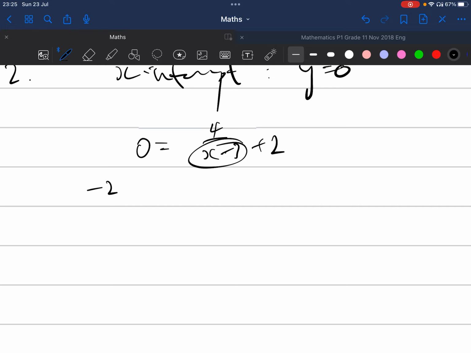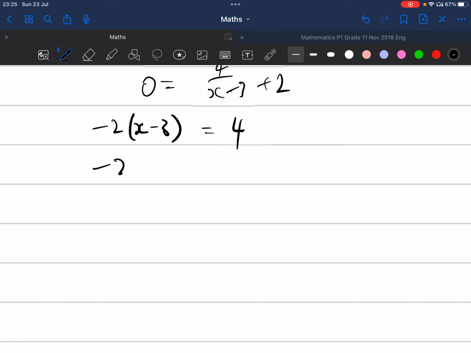And now I'll multiply everything by x minus 3. So minus 2 times x minus 3 equals 4. I basically just brought that to that side and multiplied through everything so that it becomes 4 on its own. Let's multiply out of these brackets. So minus 2x plus 6 equals 4. I'll bring this to that side.